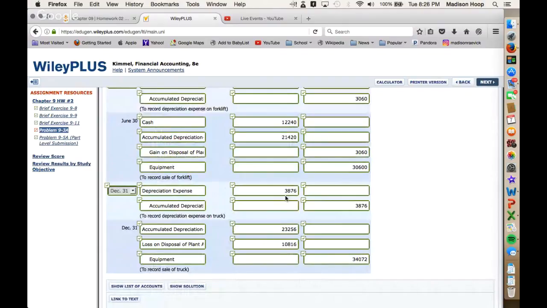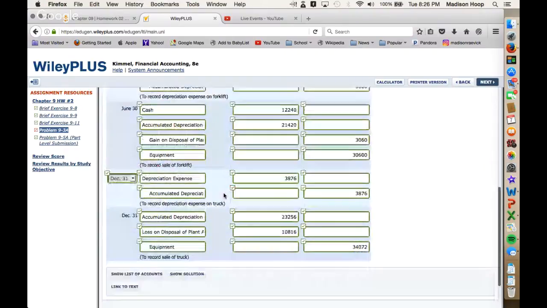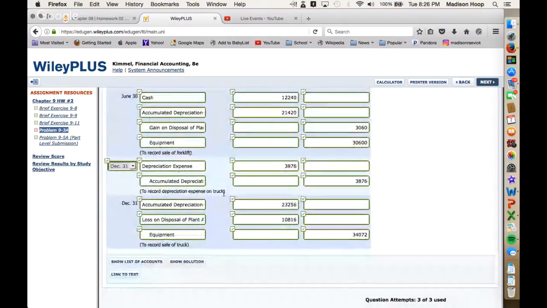Then for December 31st, to record the sale of the truck as well, it's a little different because it was discarded. We don't need to put the amount that we gained from selling it because we just stopped having it. It was discarded. So we'll skip the cash part since there was no cash. Then for the accumulated depreciation, we need to figure that out, which we already kind of figured out before.